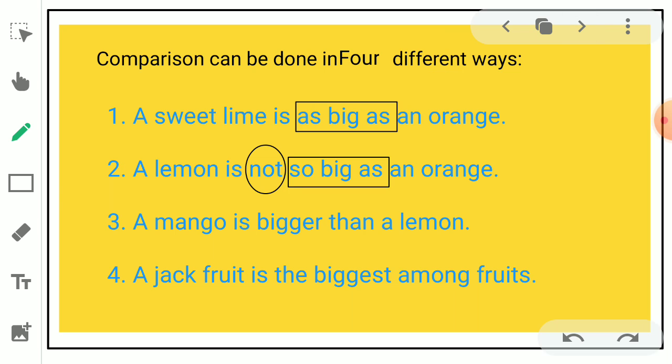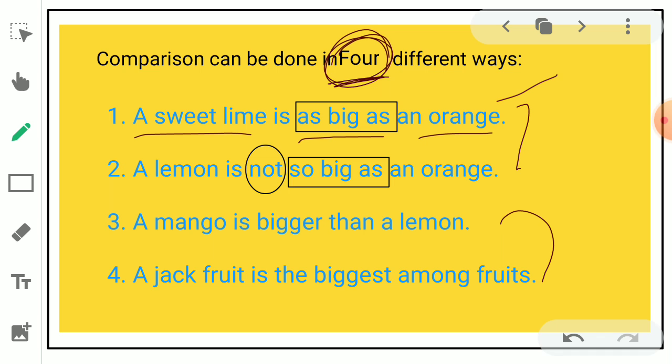Then comparison can be done in 4 different ways. Actually, we have three different forms, but I've written here 4 different ways. The first way: a sweet lime is as big as an orange.